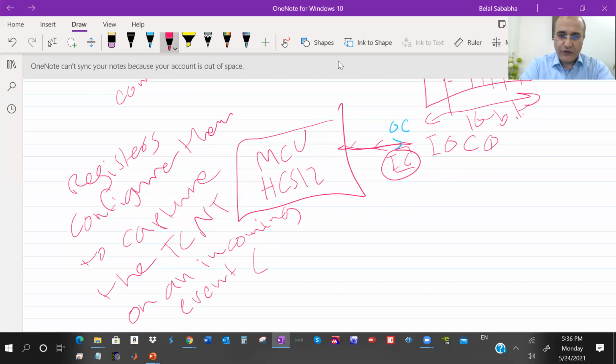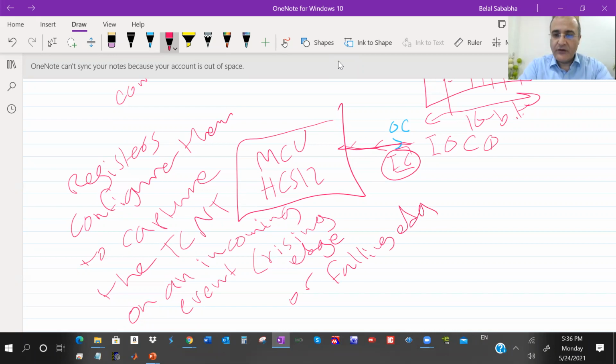This incoming event could be a rising edge or falling edge, or both.